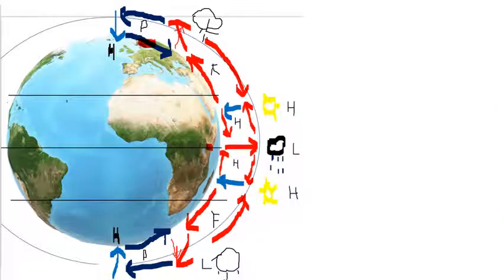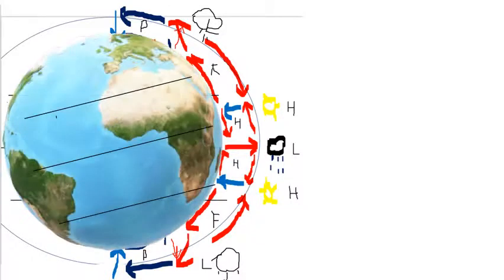So if we return to our earliest diagram of global atmospheric circulation with the Hadley, Ferrel and polar cells, this is what we drew. But now if we add in the fact that we have this axial tilt, what that leads to is this.